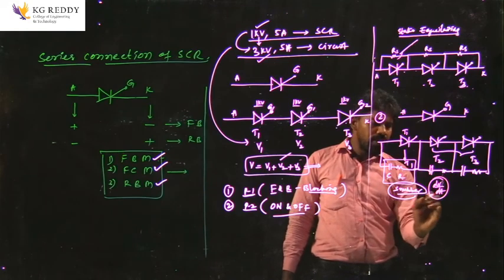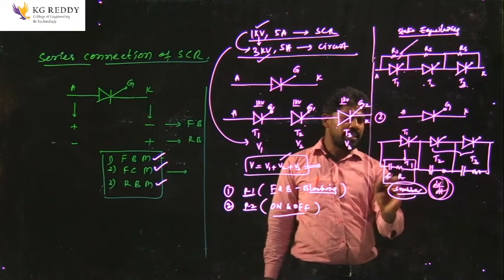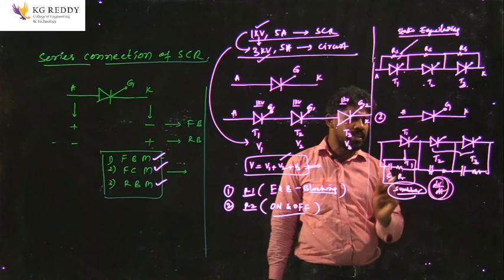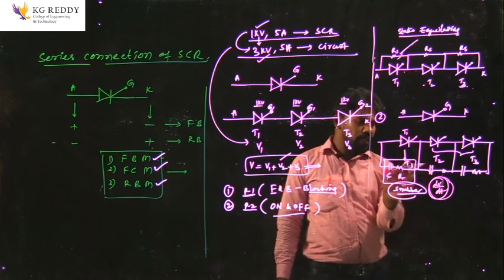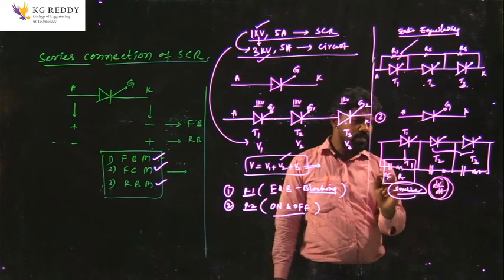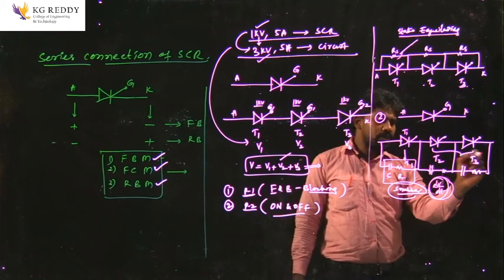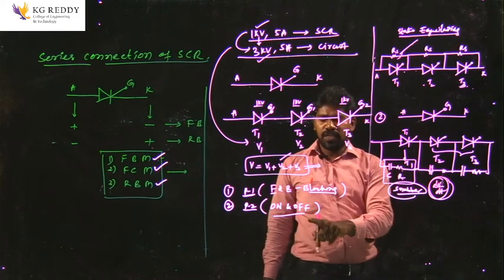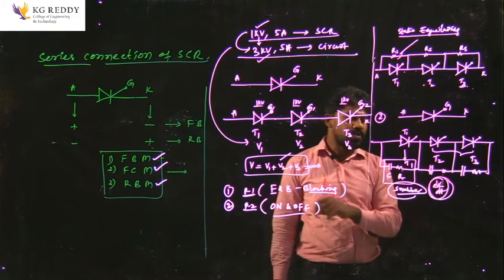To avoid this false triggering, we connect a series combination of capacitor and resistor in parallel with each SCR, T1, T2 and T3. This avoids the turn on and turn off problems in practical scenarios.